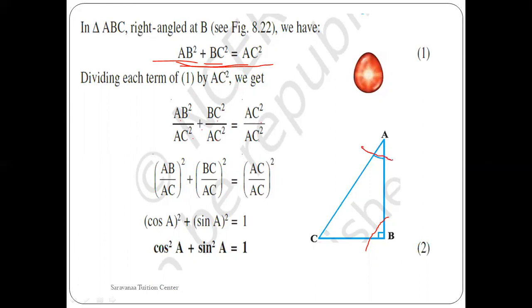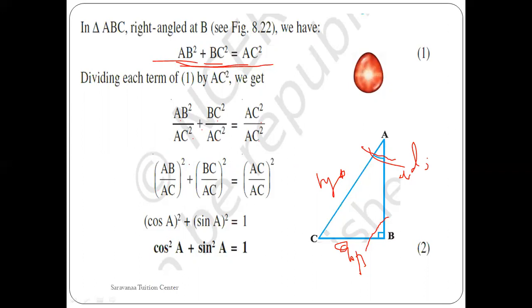Now from angle A, BC is the opposite side, AB is the adjacent side and AC is the hypotenuse. So from angle A, what is AB by AC? AB by AC is adjacent by hypotenuse, so it is cos.